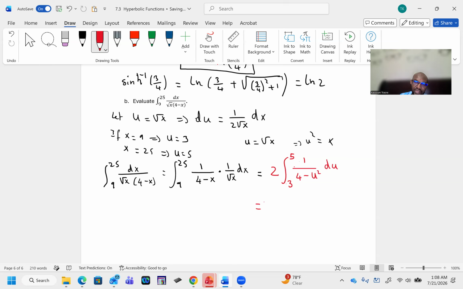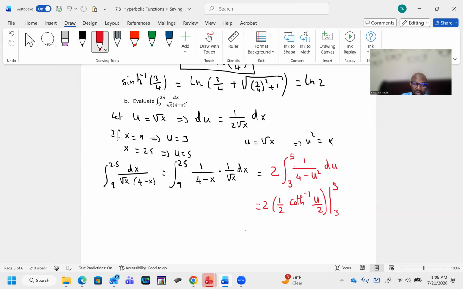So we already have these 2, and the antiderivative of this one is 1/2 inverse hyperbolic cotangent of u divided by a, which is 2, from 3 to 5. 2 times 1/2 is 1.